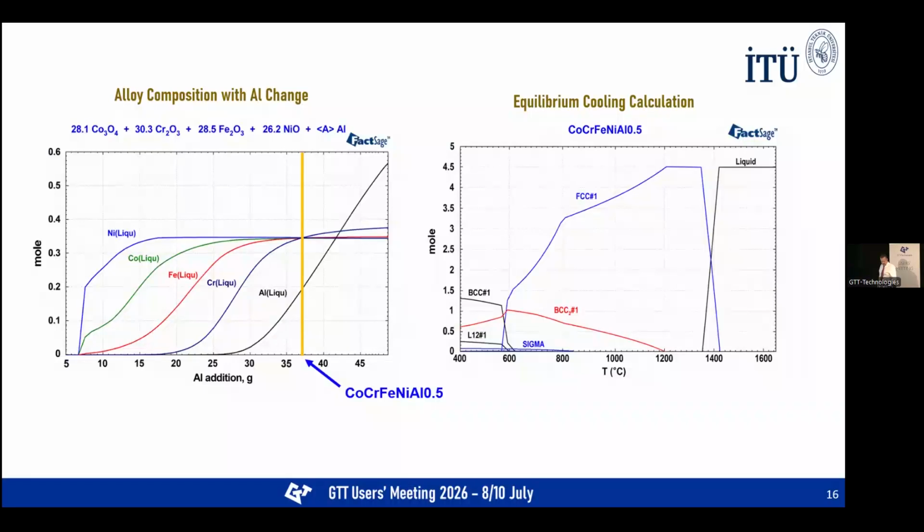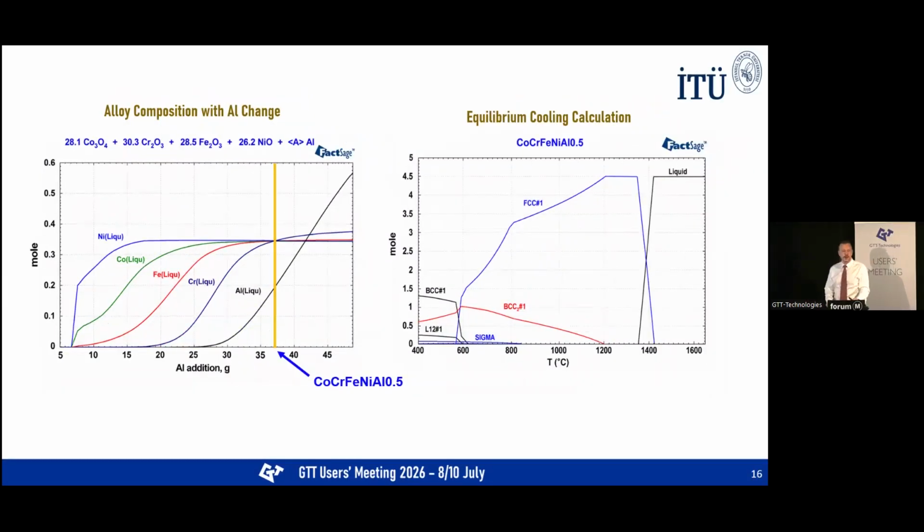Again, using FactSage, we performed several trials with different raw material compositions to obtain the desired final alloy. For example, in the graph on the left, the yellow line indicates the amount of aluminum required to introduce 0.5 moles of aluminum into the alloy system.